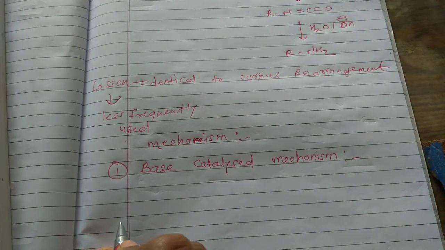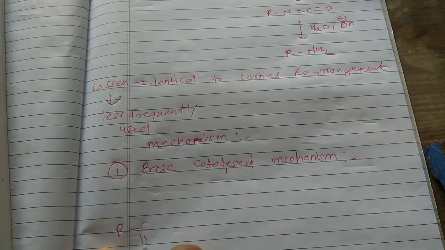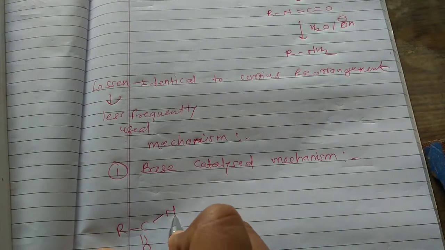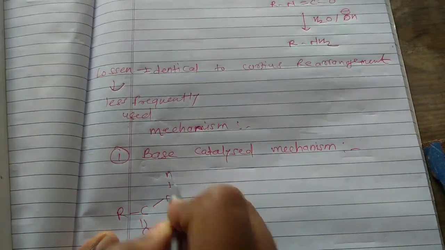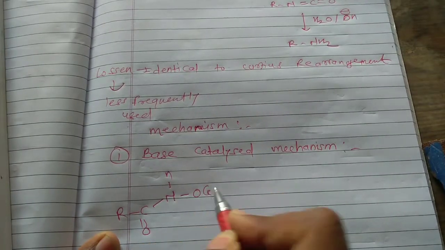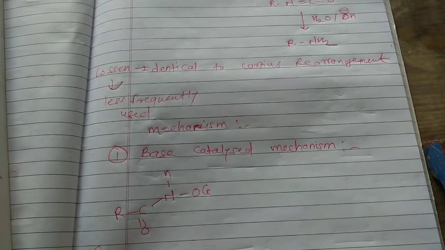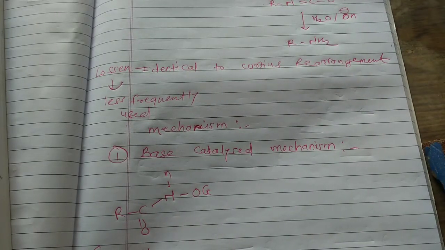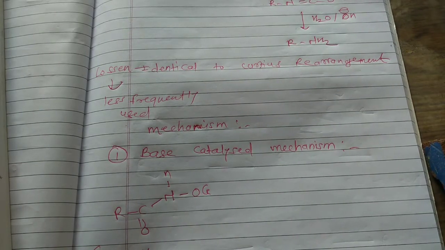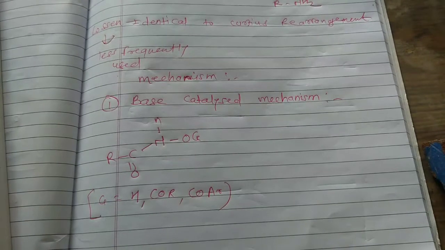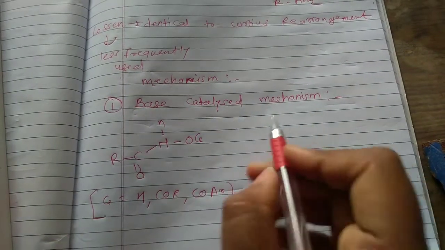Here this is our compound hydroxamic acid, that is RCONH-OG. G means what? G is either hydrogen, that is the NH2OH amide group, or COR or COAr. Okay, here this is the compound.